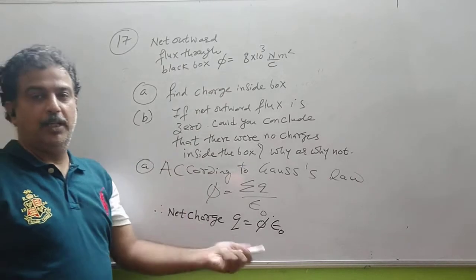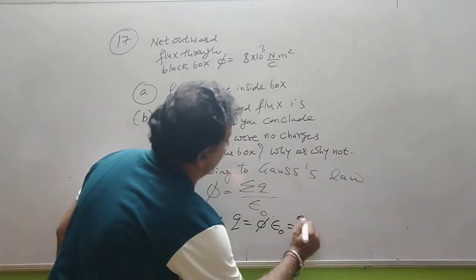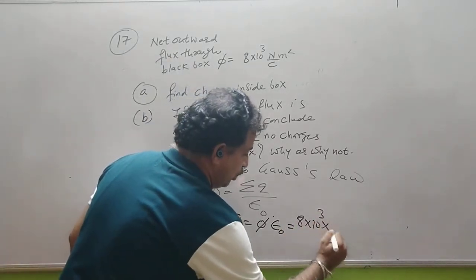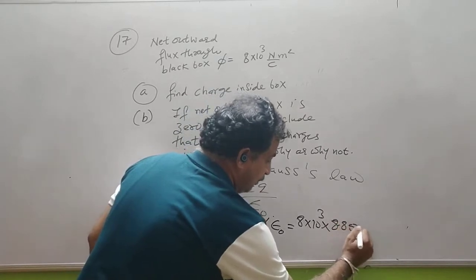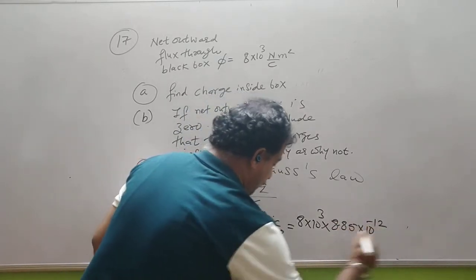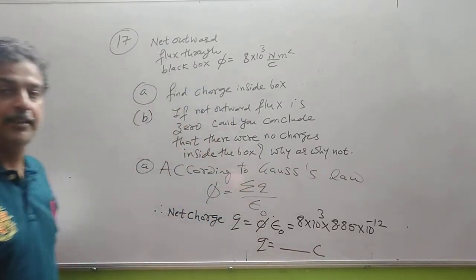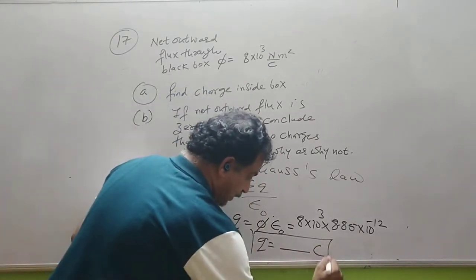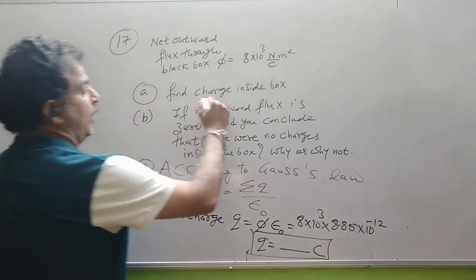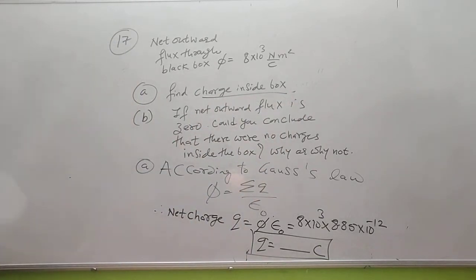So this is simply a multiplication. The flux is 8 into 10 raised to 3 into 8.85 into 10 raised to minus 12. Whatever this calculation gives is left as an exercise, this much coulomb of charge is inside the box.